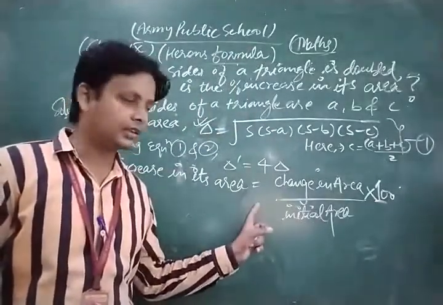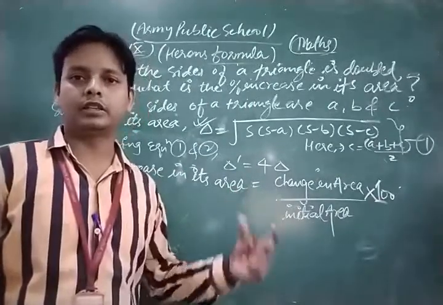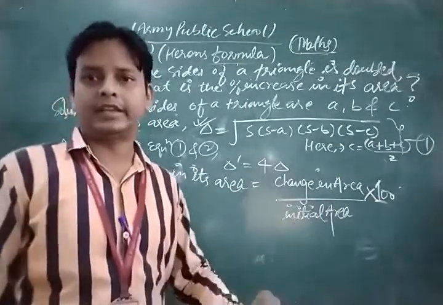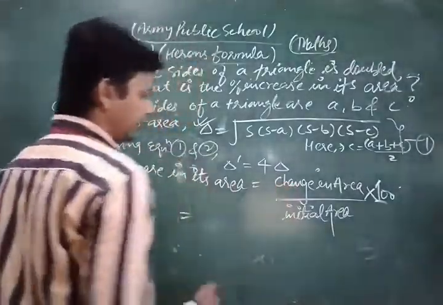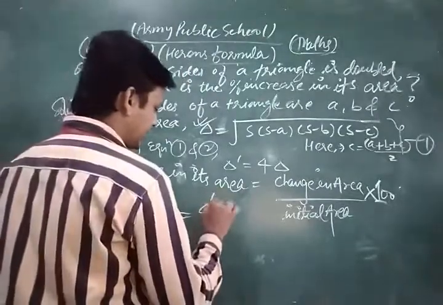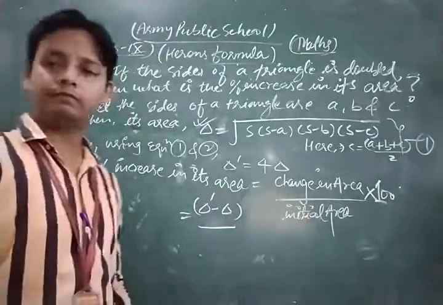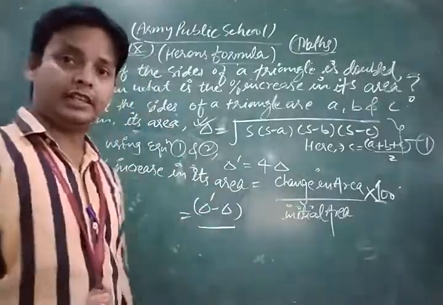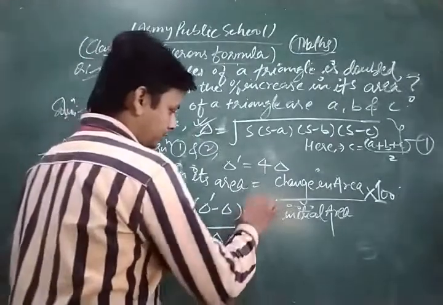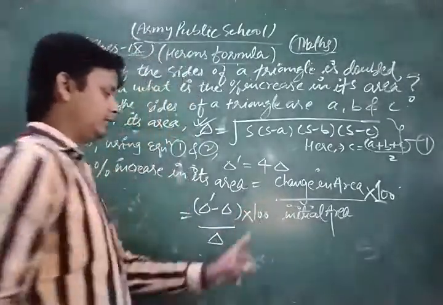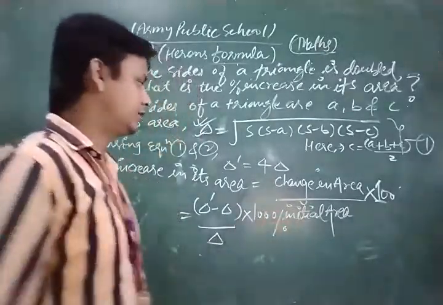We already discussed this in previous classes. Dear students, this is the main concept to find percentage increase or decrease in the area or any quantity. Now look, change in area means delta dash minus delta, upon the initial area, which we take as delta, into 100. This is in percent.